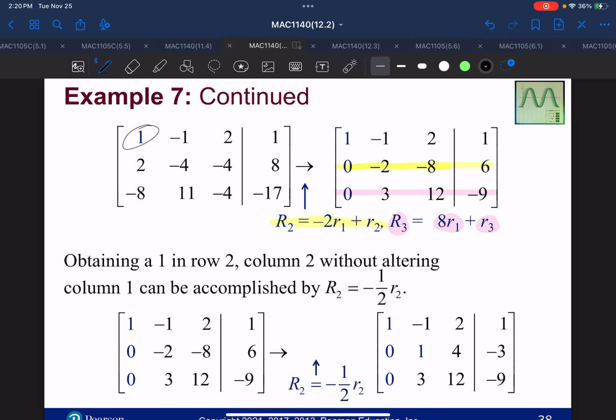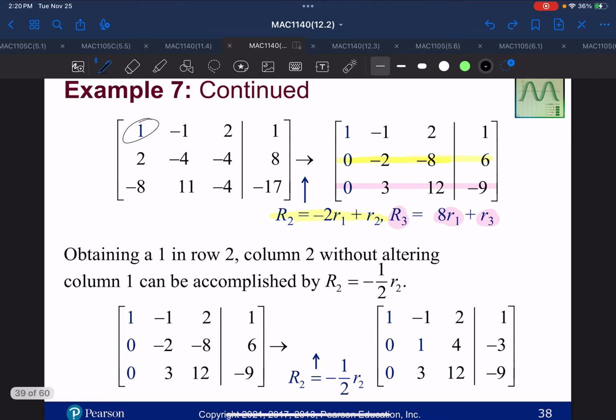So 1 times 8 plus -8 is 0, and -1 times 8 is -8, plus 11 is 3.